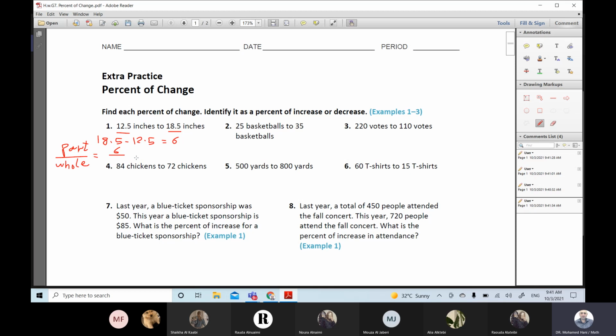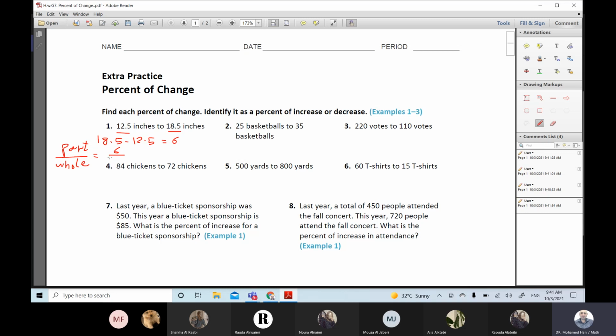Then who can tell me what is the whole? Is it 12.5 or 18.5? 12.5. Great, Alia. So the original amount means the whole.